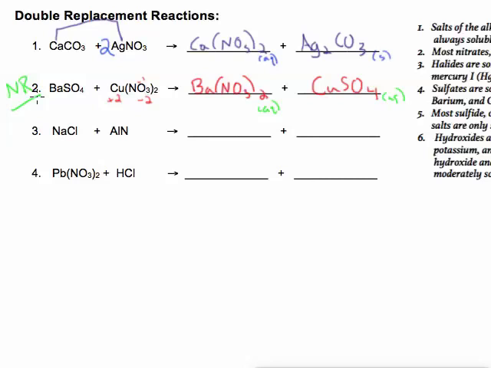Let's look at number 3. Our 2 metals are going to change place, and our sodium is going to pair up with nitrogen. So we have Na3N, and our aluminum and chlorine are going to pair up. And now we can look at our solubility rules.